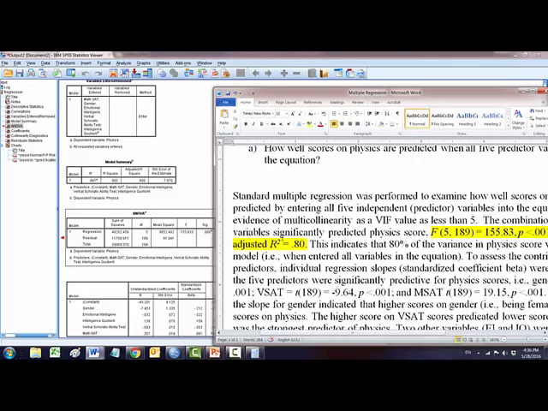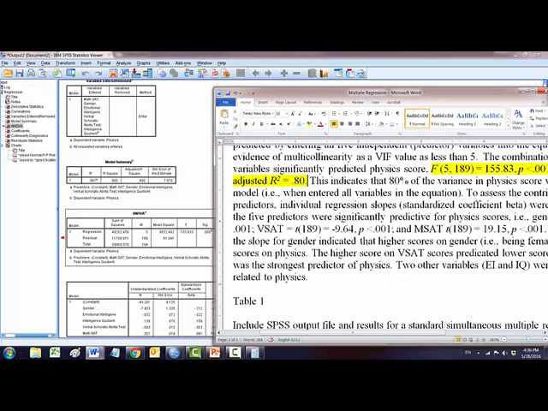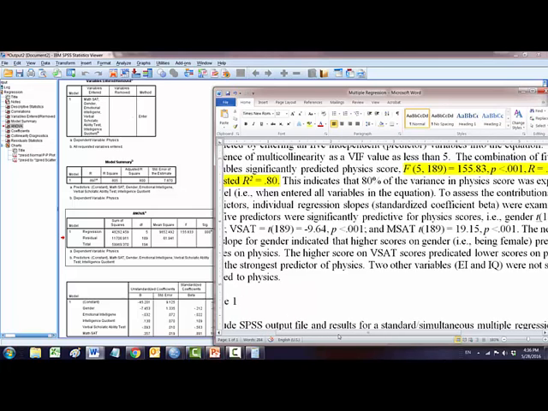So we are reporting all of them, and now the next part is important, which is reporting the significant or not significant part of your standardized beta values. So all the beta values are reported here. MSAT score is 0.881, which is the strongest one in the equation, and you will be reporting the model summary, ANOVA, and the standardized coefficient beta in an APA format table.